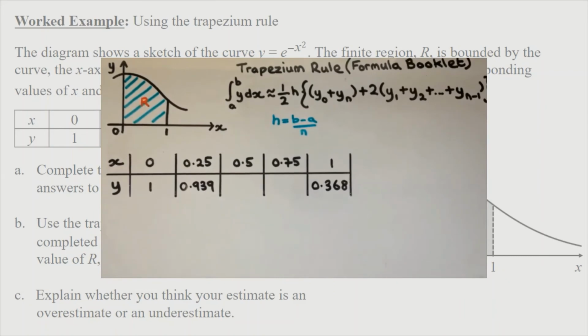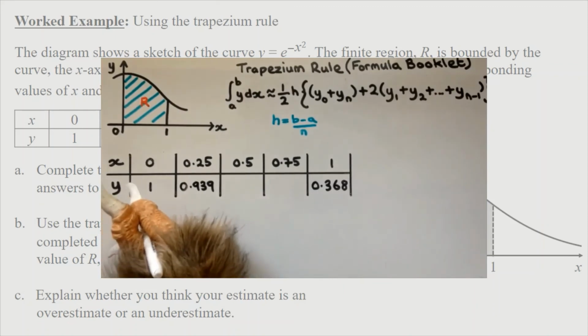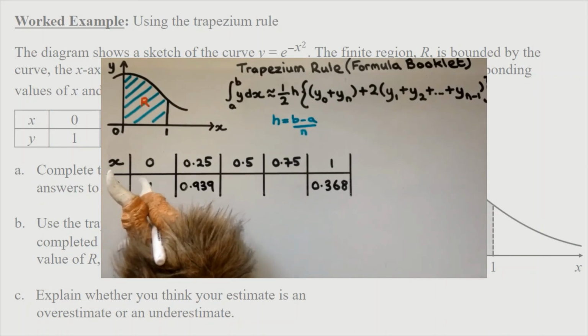You're also given a table of values, and the first task, of course, is to complete the table of values. So we'll do that explicitly. And all the values are going to be to 3 decimal places in here. Alright, so let's complete the table of values. Let's just also make a note of what information we have. Remember from the derivation we start with y naught. So the first y value is of course y naught, that goes here.